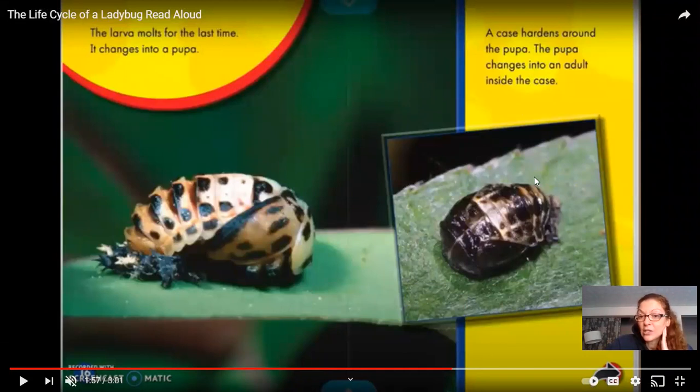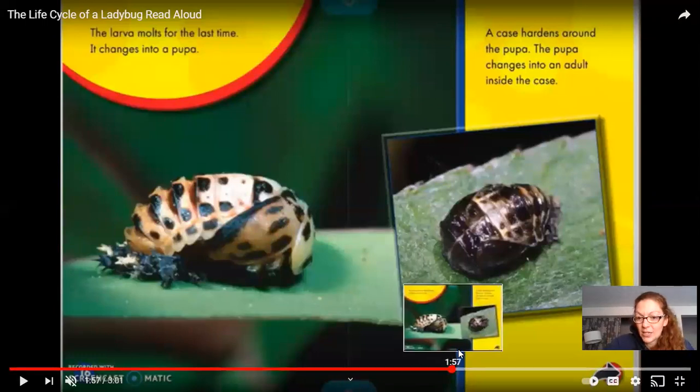So the pupa stage looks like this, and it doesn't really change because all the changing is going on the inside. It's called metamorphosis. That's a mouthful. Ready? Meta, morpha, sis. Metamorphosis. Try it again. Metamorphosis. That's where things completely change inside.